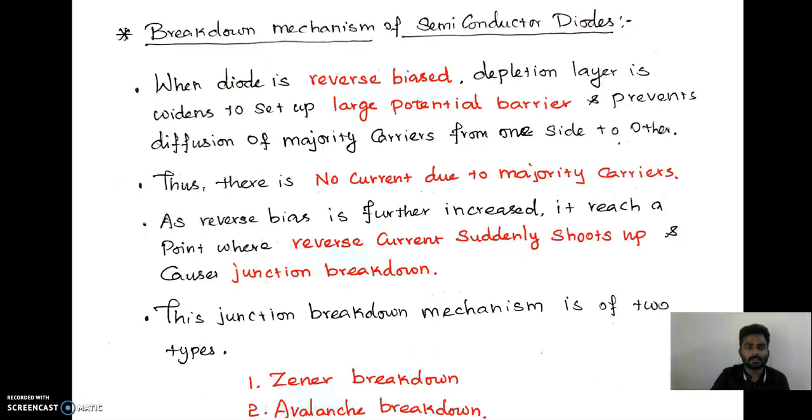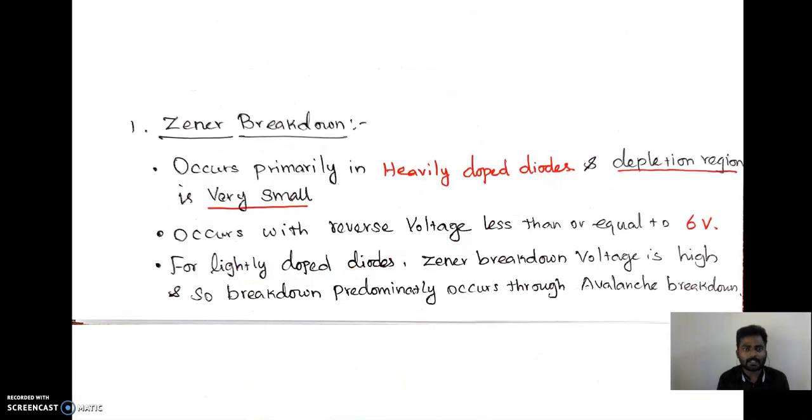We can see the definitions of Zener and avalanche breakdown. Zener breakdown occurs primarily in heavily doped diodes. Heavily doped means a larger number of impurities is added in that particular diode. That is, highly conducting diodes, and the depletion region is very small. As I said earlier, if impurities are added heavily, the depletion region will become small, and it occurs with a reverse voltage less than or equal to 6 volts.